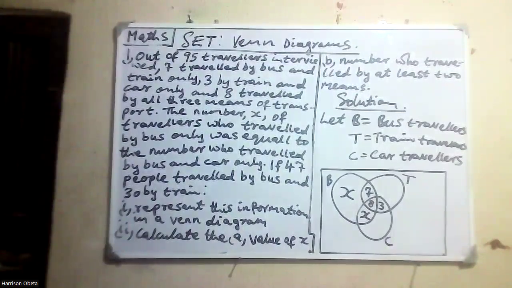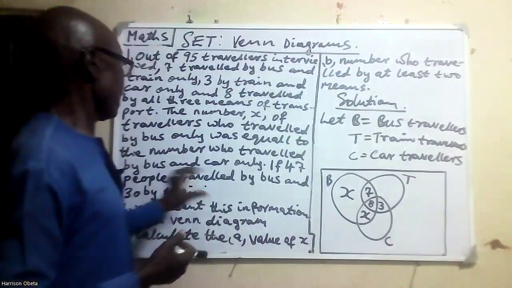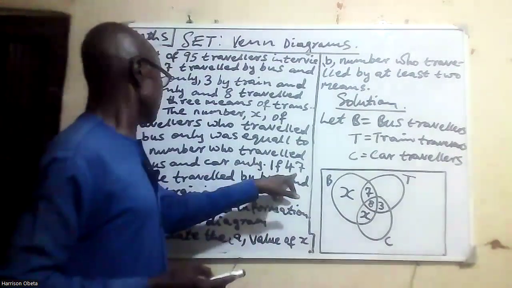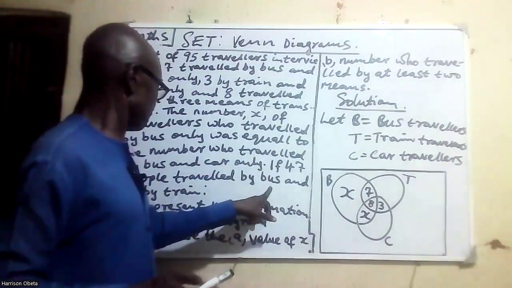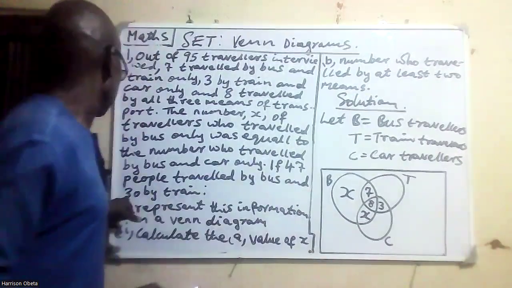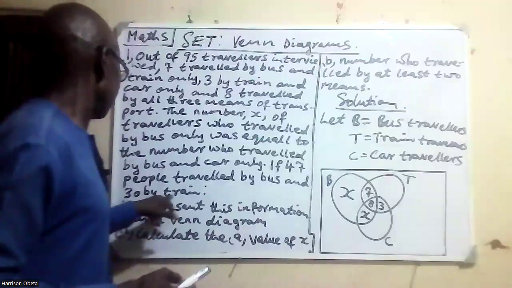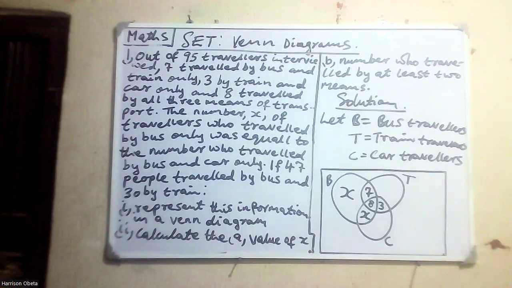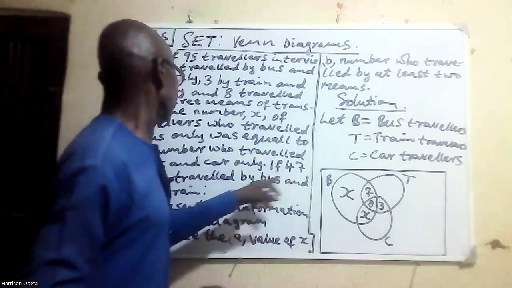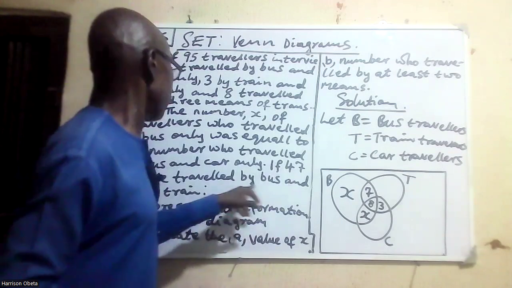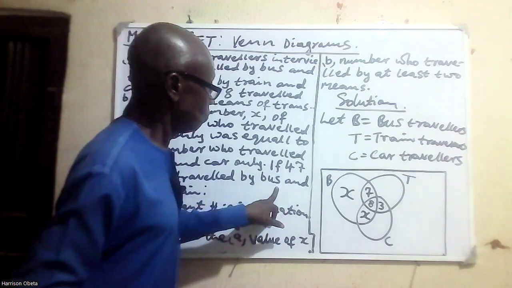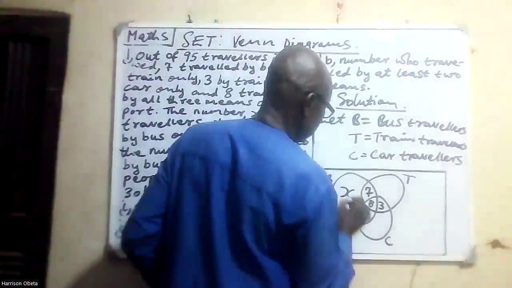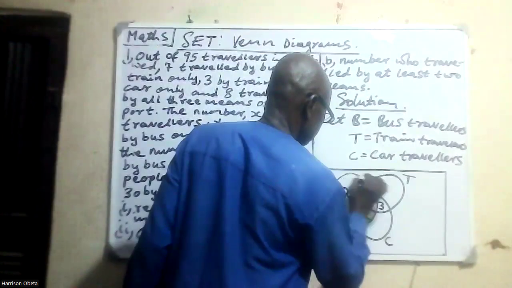The next thing for us to do is to consider the numbers. Now, we were also told that 47 people traveled by bus and 30 by train, okay, we should continue. So what now happened is that 47 traveled by bus, which means that 47 is within this circle.